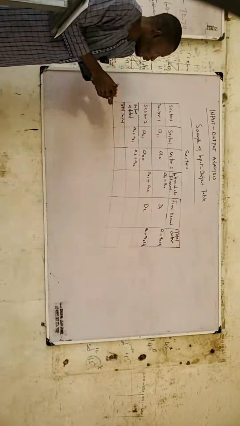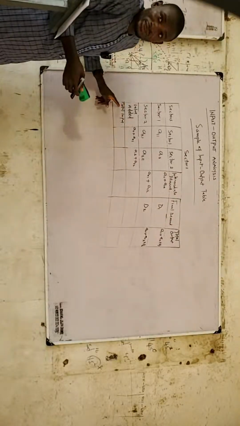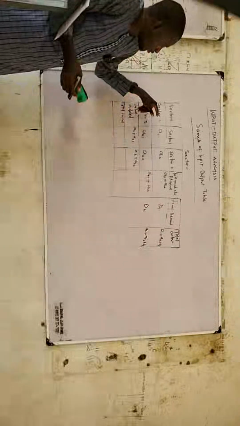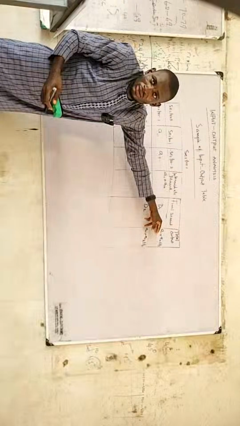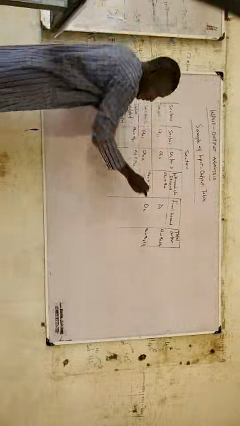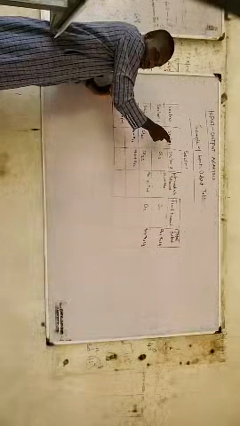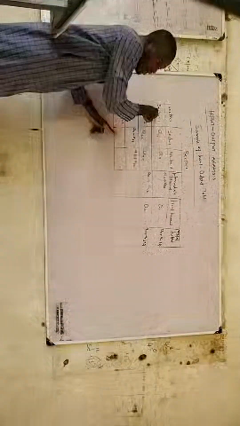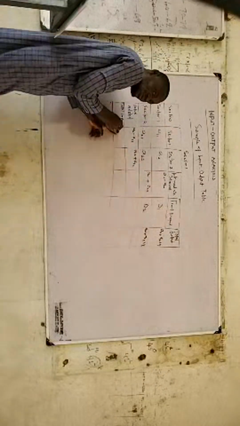Now, the total input here for sector 1 is supposed to be equal to the total output for sector 1 here. No? Total input here. Output here. Yes, that's supposed to be equal because it's the same sector. Look at sector 1, the total input. So once you have this one, it is supposed to be equal to what you have here.